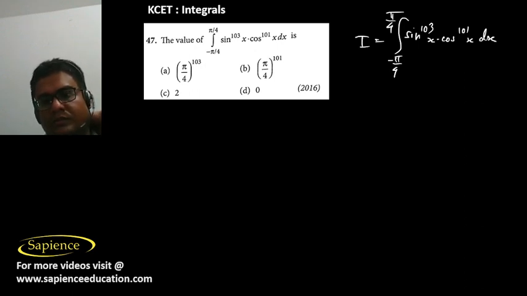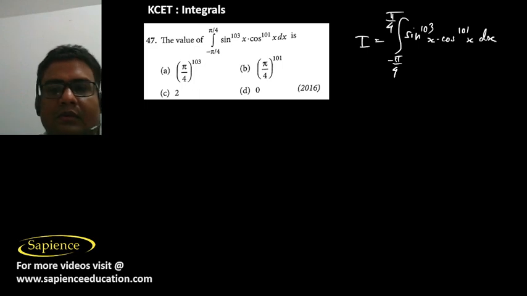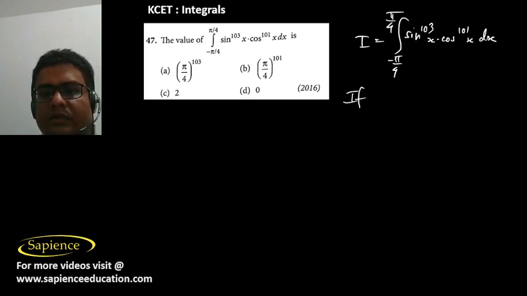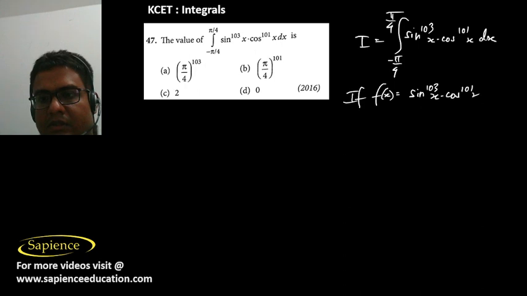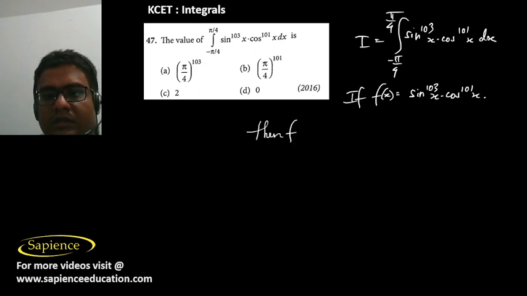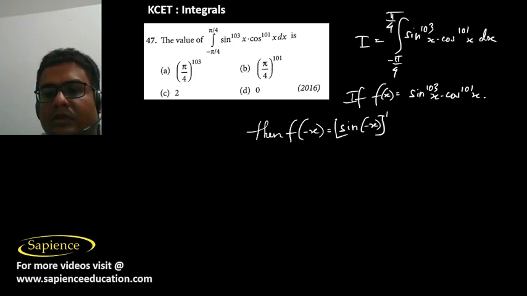Now here, if I take the function f of x as sine power 103 x into cos power 101 x, then f of minus x is how much? F of minus x will be sine of minus x whole power 103 into cos of minus x whole power 101.